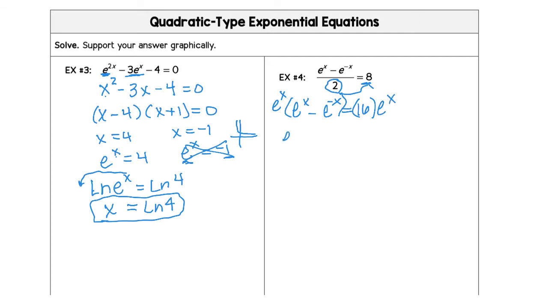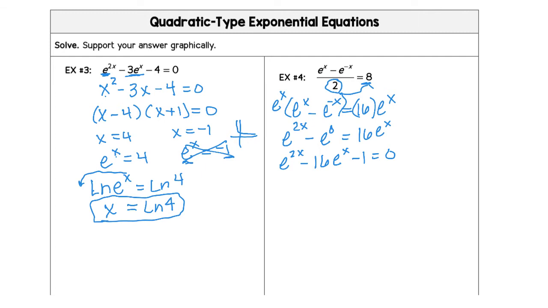So that's going to be e to the 2x, because when you're multiplying with like bases, add your exponents, minus e to the 0 equals 16e to the x. So when we rearrange all of this, we get e to the 2x minus 16 e to the x, and then minus 1 equals 0.